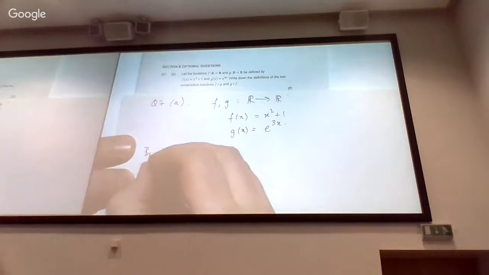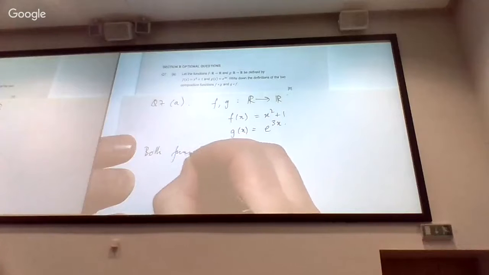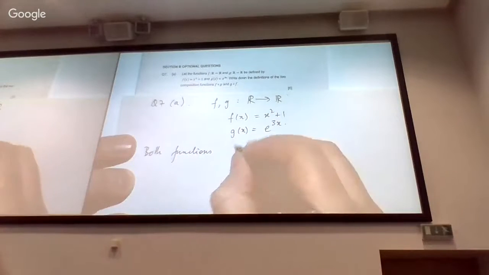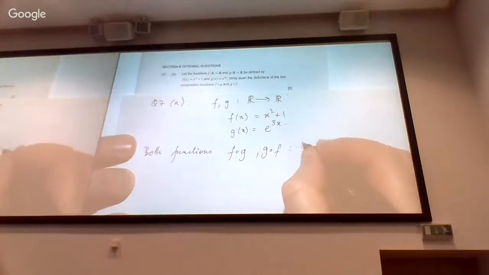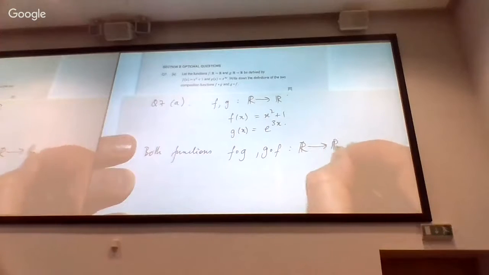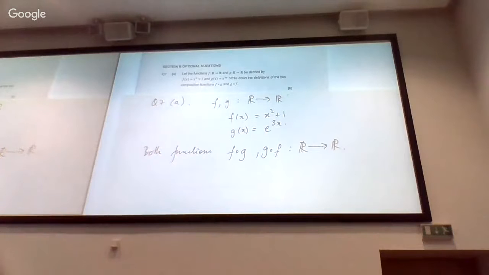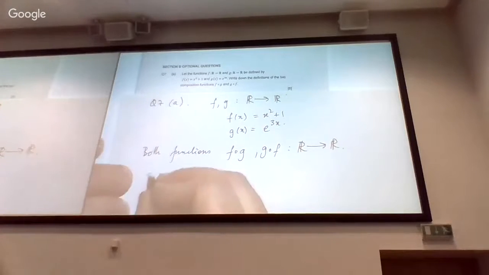So both functions f after g and g after f are R to R. The only thing to be watching out for here is to make sure you calculate the 2 compositions correctly, and crucially that you get the order correct.